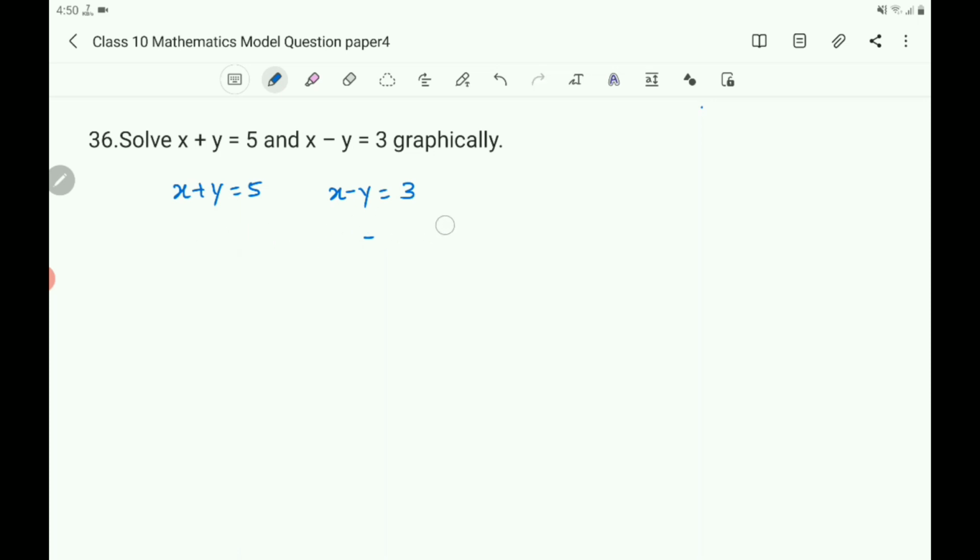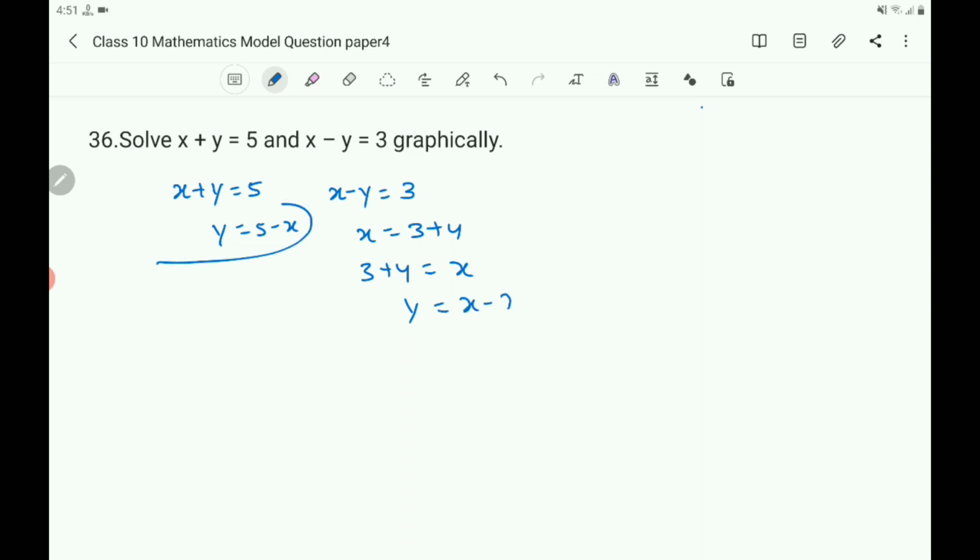Or if you convert into y equals, it becomes y equals 5 minus x. Here minus y is there, so first x equals 3 plus y. Then y equals x minus 3 you can write, because x equals 3 plus y, or 3 plus y equals x, so y equals x minus 3.